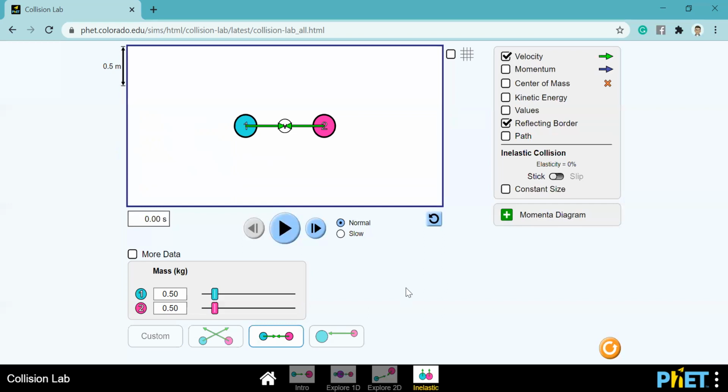So in this case, we have two objects again with the same mass, but this time let's change the mass of object number 1. Let's make it 1.30. What would happen with our system after the collision?